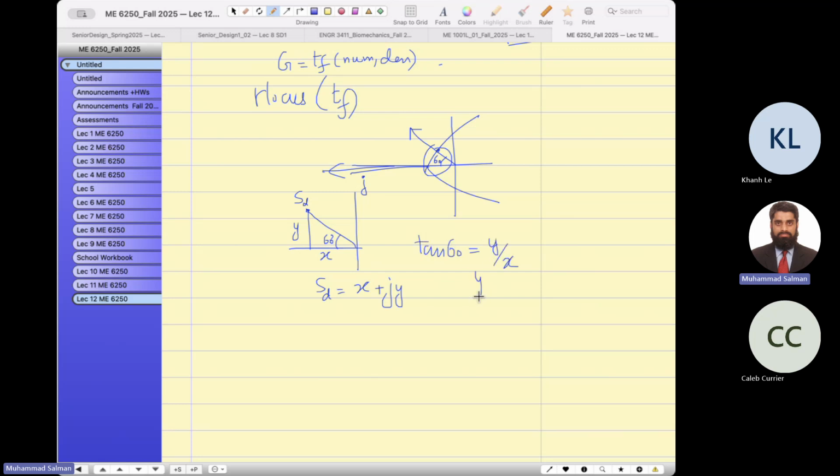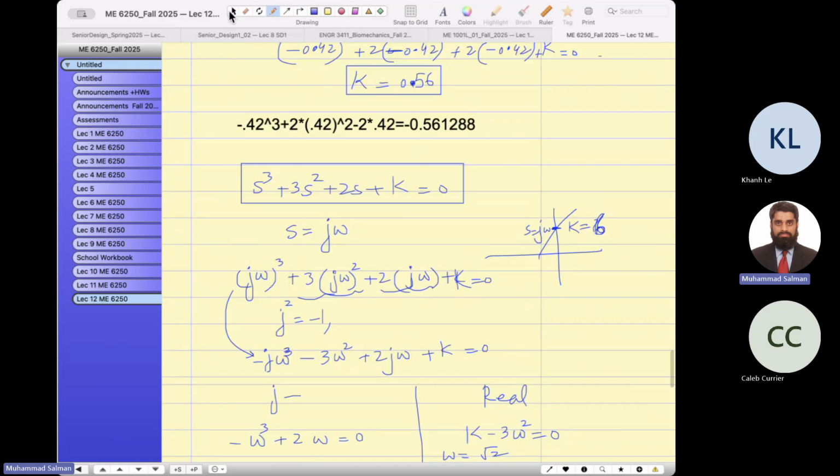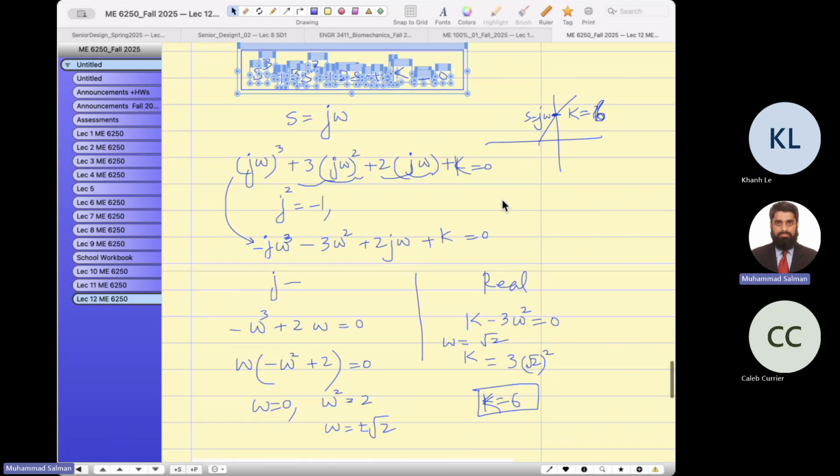So can I write y as square root 3 times x? So now I can write s equals x plus square root 3x times j. Now I have successfully replaced the pole with only one variable. So that is the pole which you will put in the characteristic equation. Try to understand me. What I did in the plane is a little bit tough. It's not that tough.